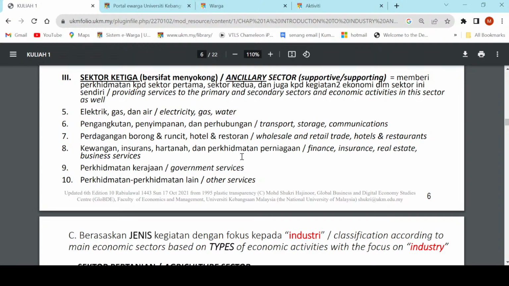So what are the linkages? Forward linkages, not that important. What it says only, for example, the car produced by Proton Saga, by Proton, will be used as a police car. That's forward linkage, not that important. Will be used as a UKM car. From Proton becomes a UKM car.